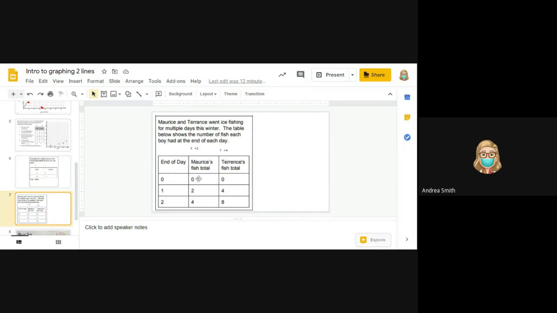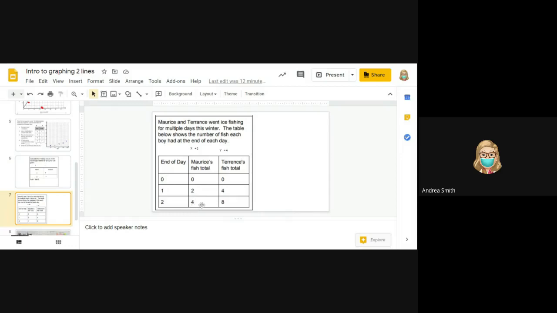And he starts off obviously with 0. His rule is going to be add 2. If he starts off with 0 fish and your rule is add 2, well, you have 0 plus 2 equals 2. And he has 2 fish at the end of the first day.